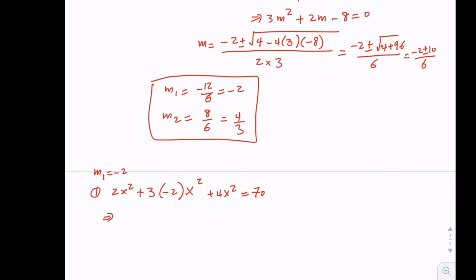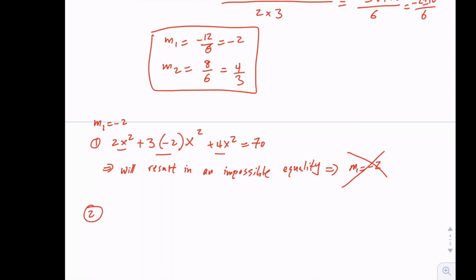So simplifying this will give us 6x squared minus 6x squared, so we get 0 equals 70. So m equal to minus 2 is actually not acceptable, as it results in an impossible equality. Therefore m equal to minus 2 is not an answer.